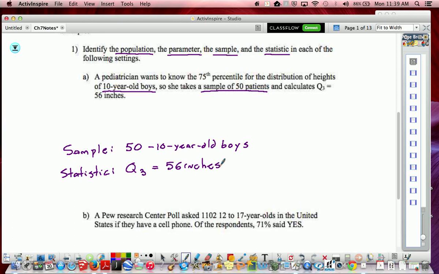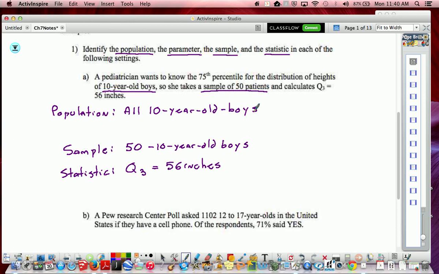Now I still need to talk about the population and the parameter. So the population is a description of where the sample is coming from. So the population is all 10-year-old boys. Not just the 50.